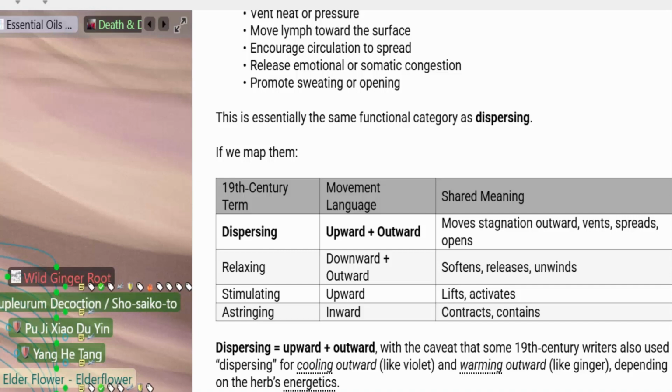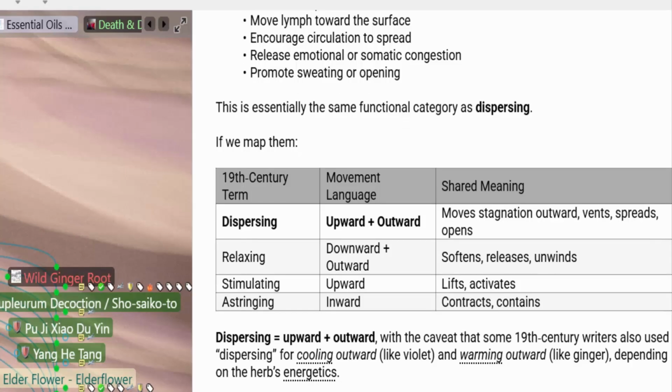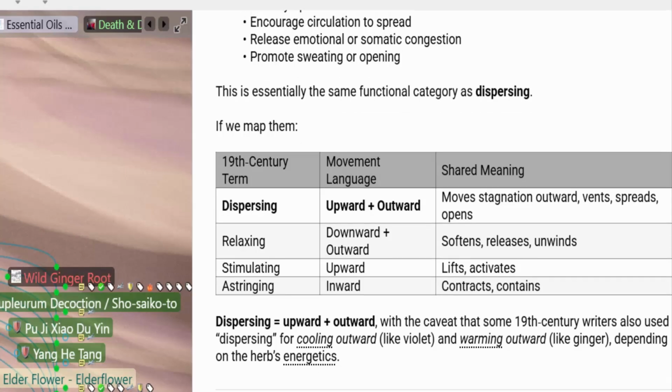Whereas relaxing, today we'll probably talk about how it moves downward and outward. And the shared meaning is that it softens, releases, and unwinds. The term stimulating in movement language simply means upward. It lifts and activates. And astringing means inward.